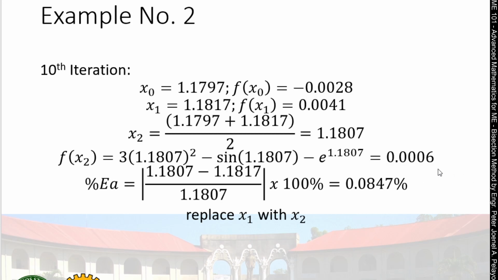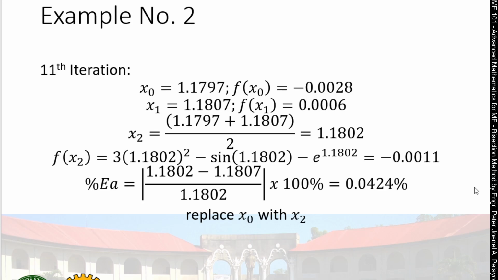Next, tenth iteration. So, x0, x1 with an x2 of 1.1807. Substitute natin sa function, makuha natin is 0.0006. So, percentage error is 0.0847%. Positive, replace x1 with x2. Eleventh iteration. So, napalitan lang si x1 from the 10th.